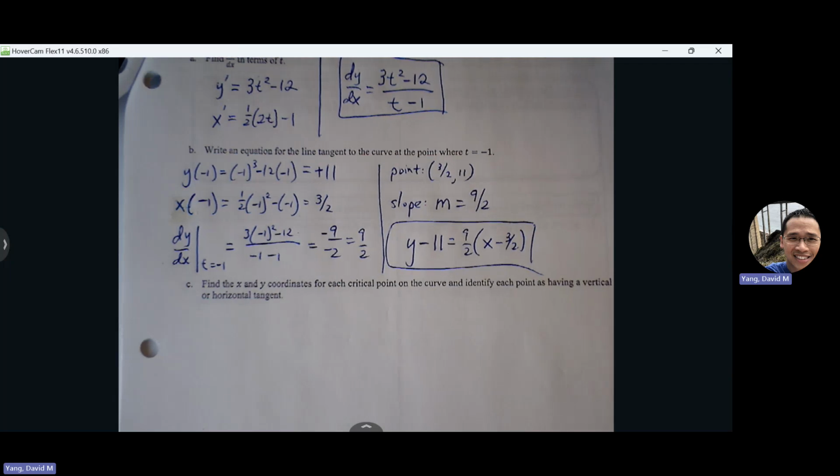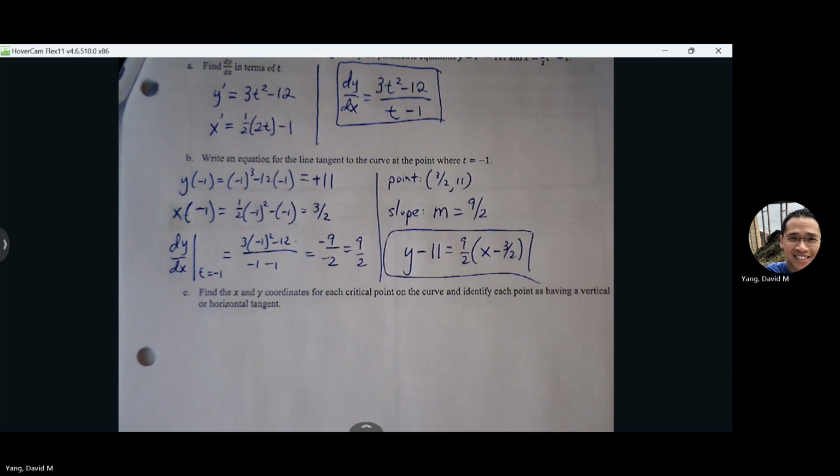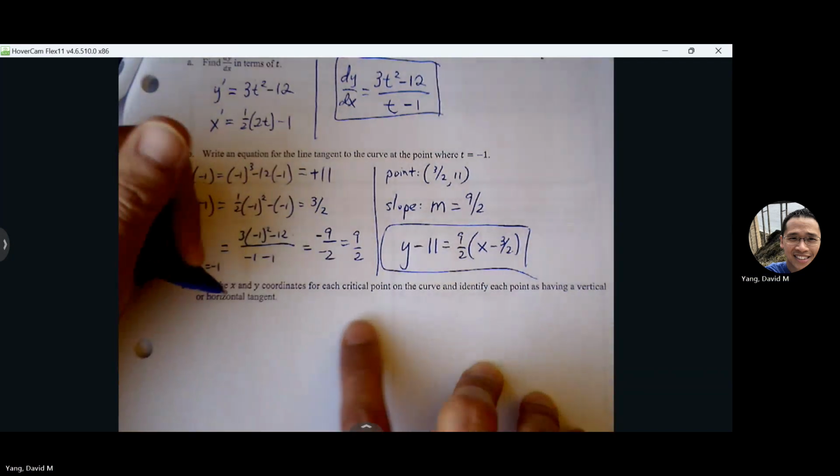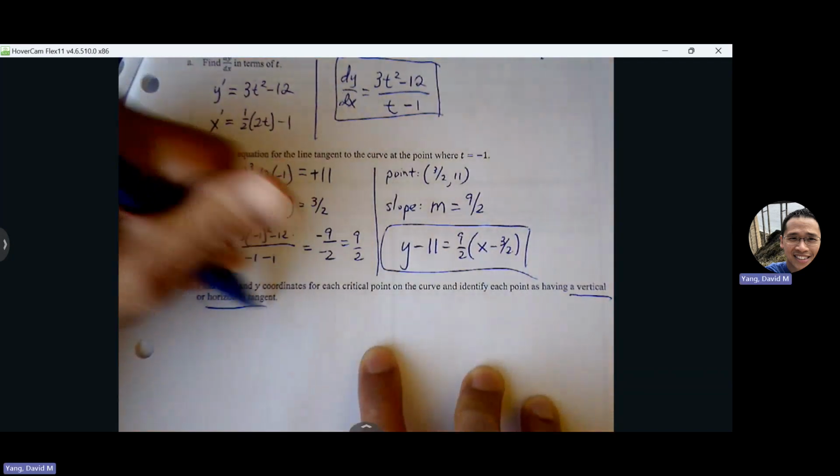Okay, any questions with A or B? Part C, find the x and y coordinates for each critical point and identify each point as having a vertical or horizontal tangent. So remember, horizontal and vertical tangents come from the derivative.